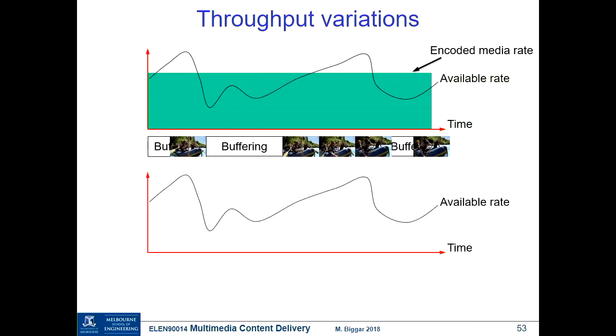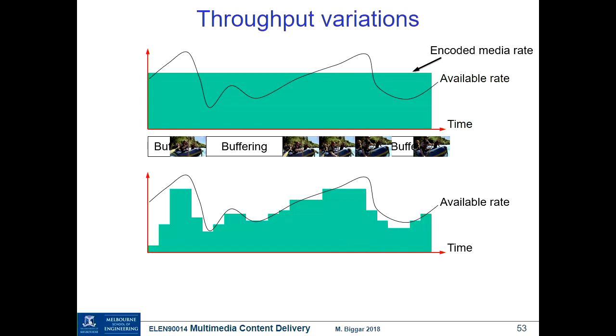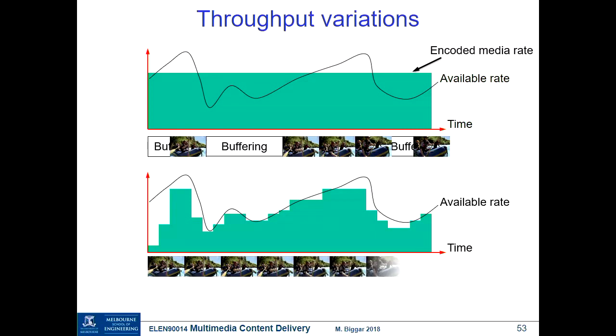With adaptive streaming, the idea is that we start at a low rate, build up when we have confidence that the throughput seems to work, and when the throughput starts to decrease again, we switch down to a low rate version again. So the quality is going up and down over this time, but the objective is to continue playing, so we have this continuous playout.